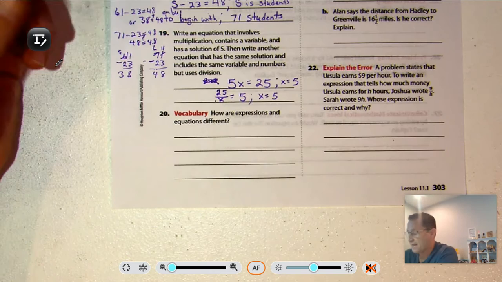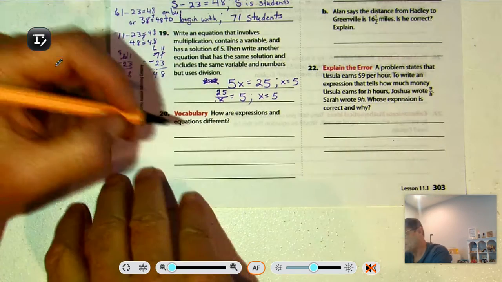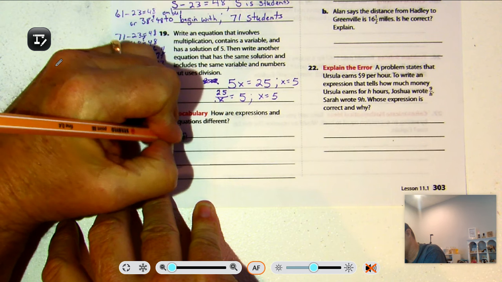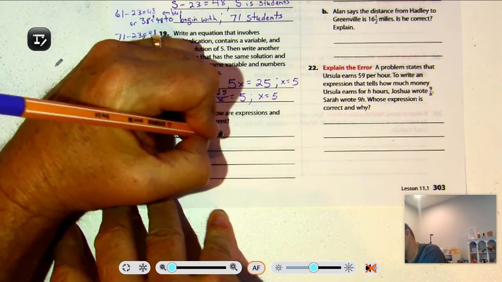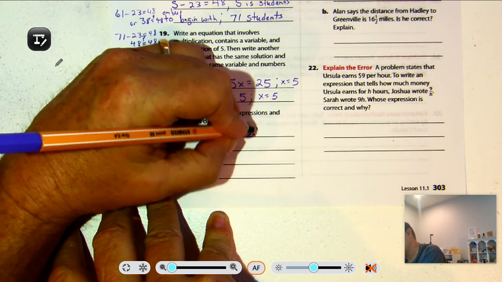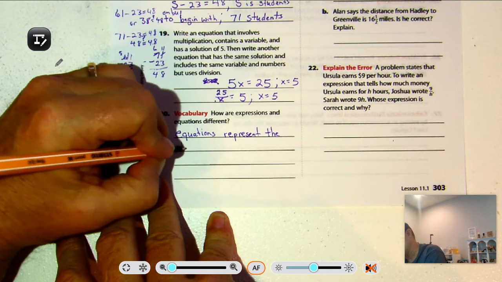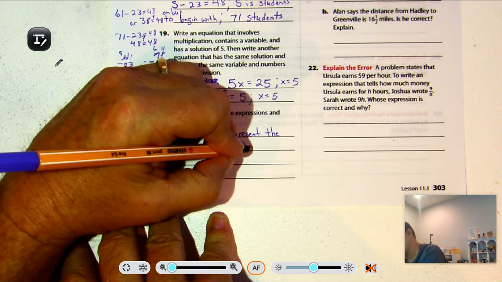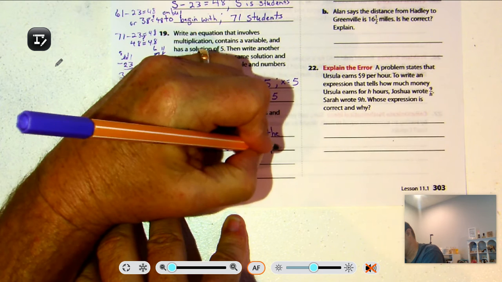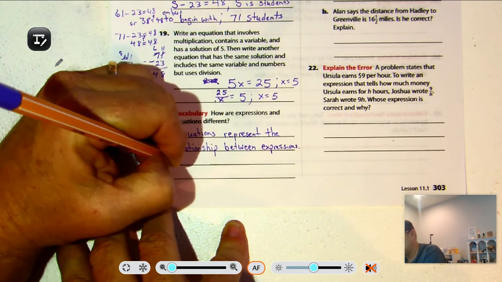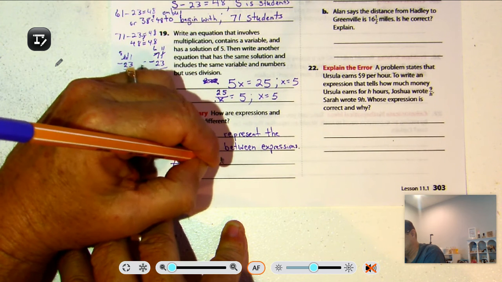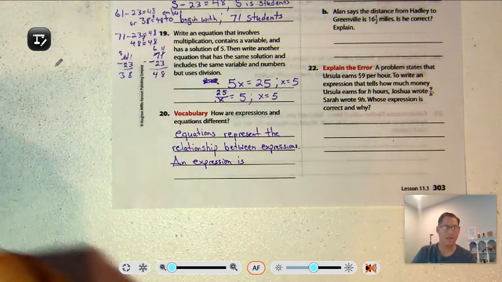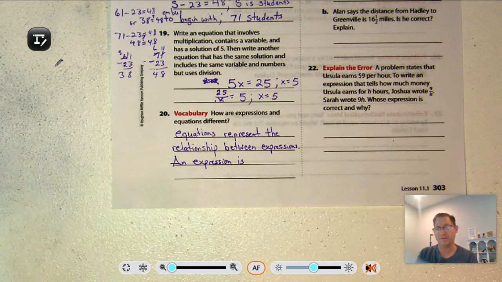All right, number 20. How are expressions and equations different? I just want to make sure we write that clearly from the beginning definition.